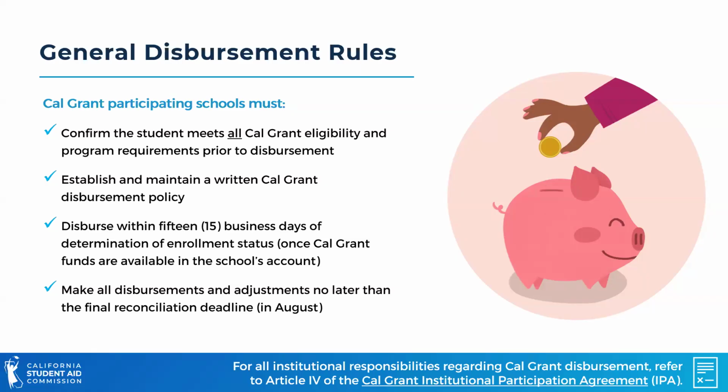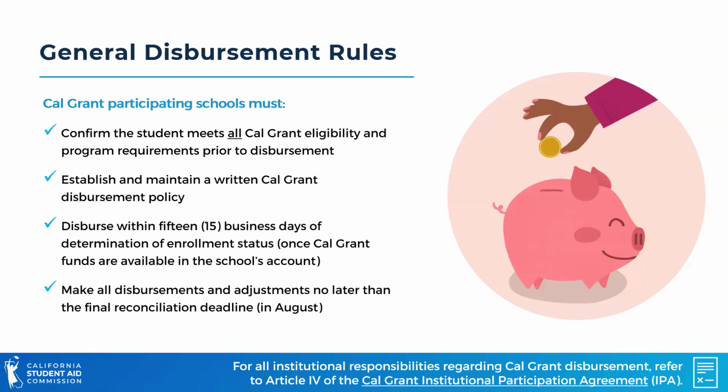You want to make sure that you establish and maintain your own written Cal Grant disbursement policy. This is crucial because it's going to come up in an audit, and it also avoids overawards and overpayments. This policy has to be consistent across all of your students.